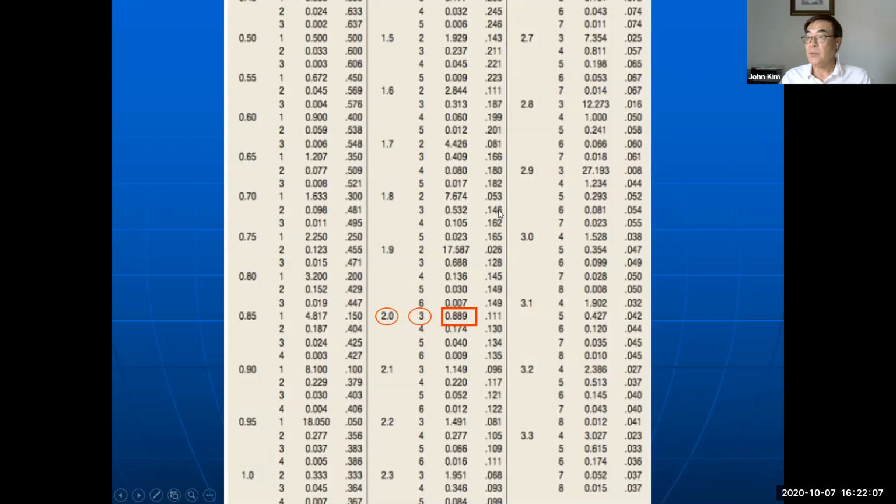Then from the chart, the first column is the utilization rate, so 2. Then the second column is the number of servers. So utilization rate 2, and then 3 servers. So LQ is 0.889. LQ is how many customers are in the waiting line on average.